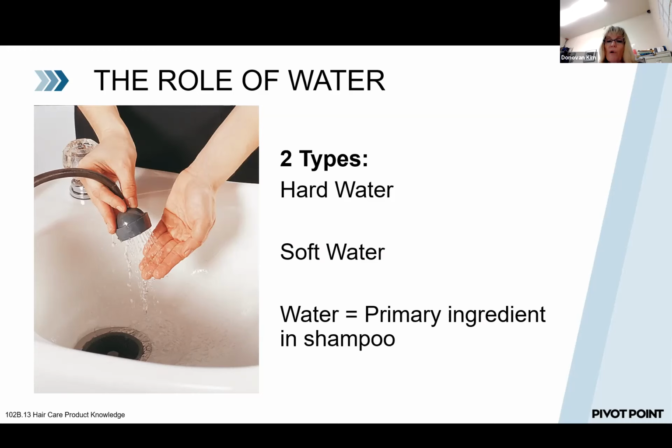Hard or well water, as they call it, has a lot of minerals, calcium.